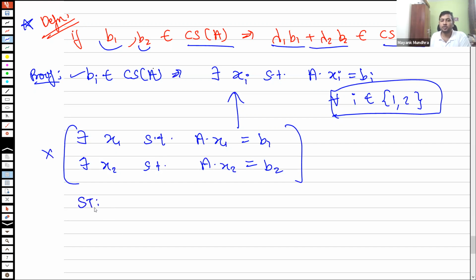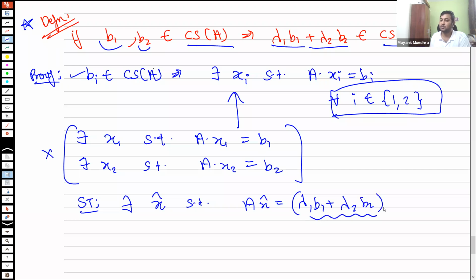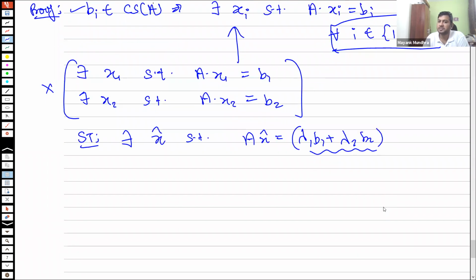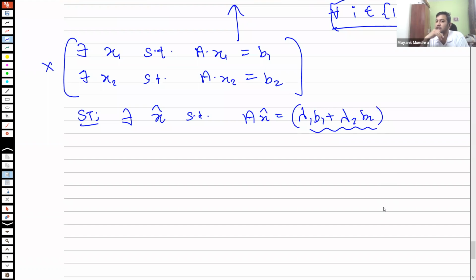Now what I need to show is that there exists some x hat such that A x hat equals lambda 1 b1 plus lambda 2 b2. Basically, I want to show that lambda 1 b1 plus lambda 2 b2 also belongs to the column space, which implies that there is some solution to Ax equals lambda 1 b1 plus lambda 2 b2.